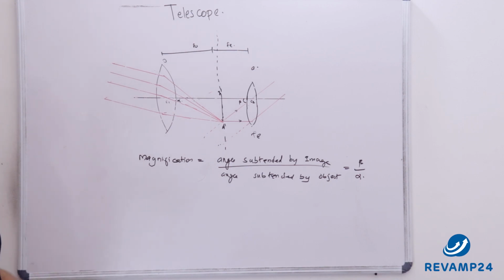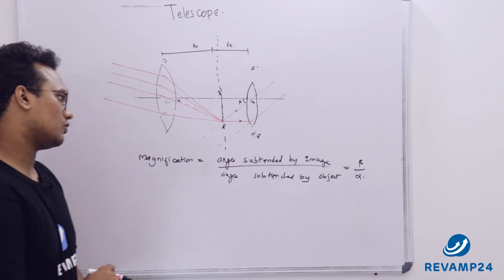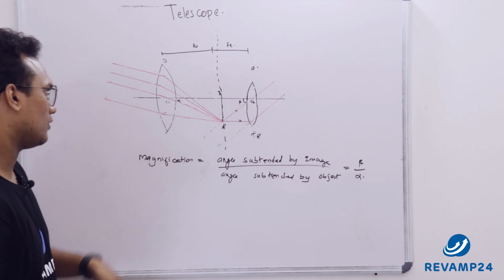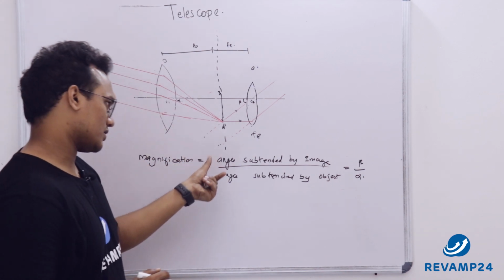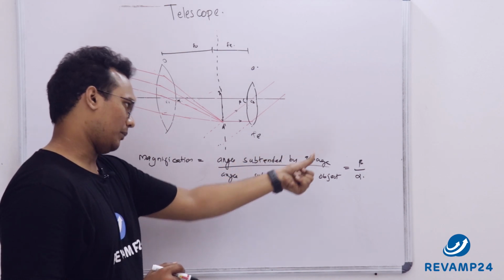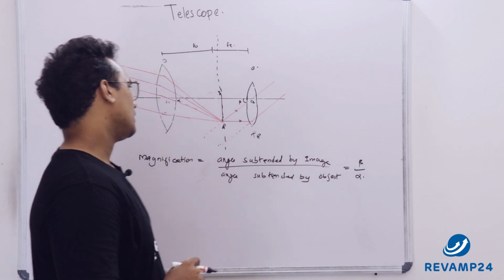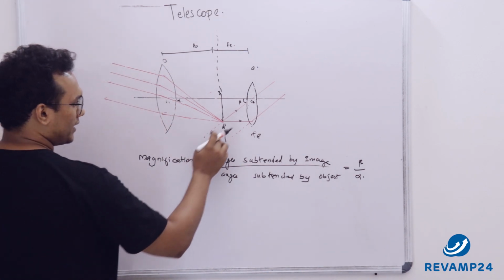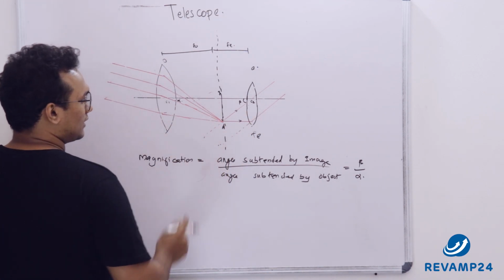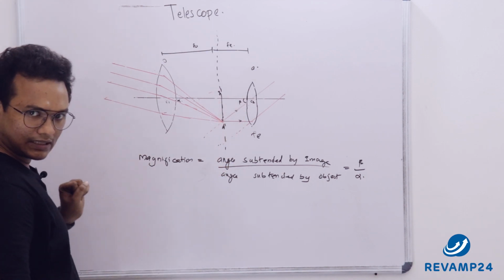So to get magnification in this case, we can't go with v by u. We have to go with this equation: the angle subtended by the image at our eye divided by the angle subtended by the object. Now what is the angle subtended by the image? The image would be somewhere in this line, so it would be beta.